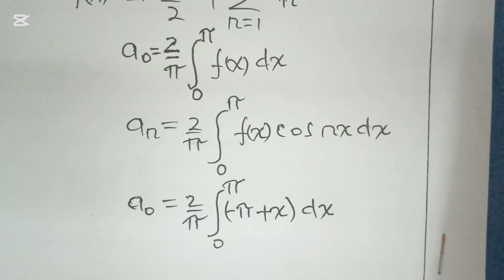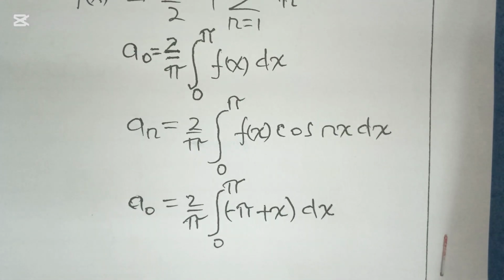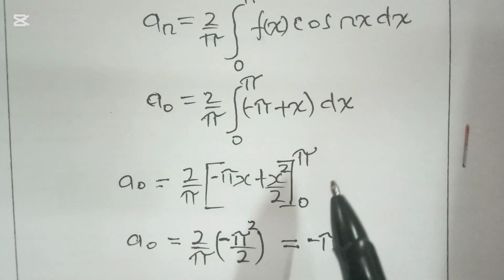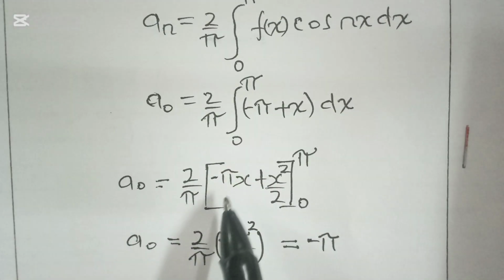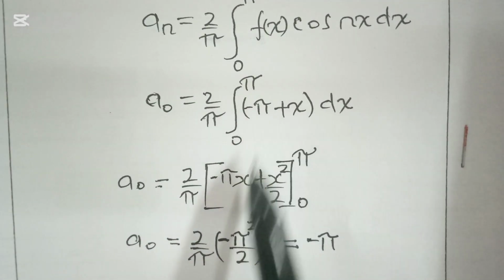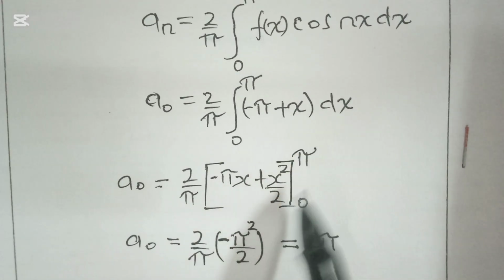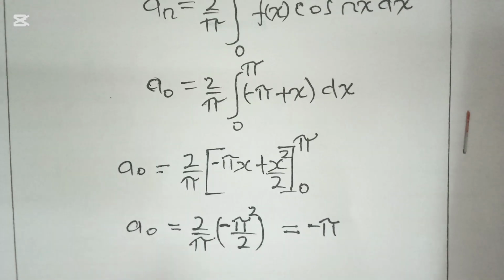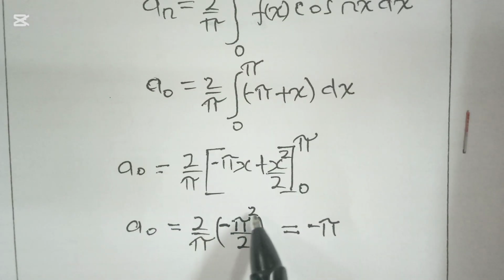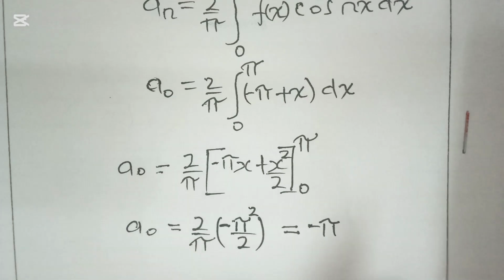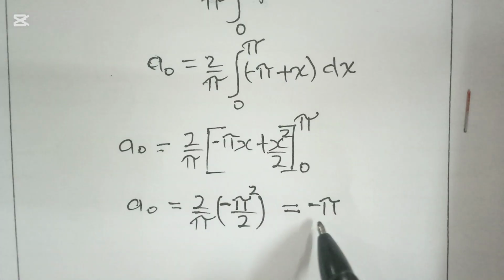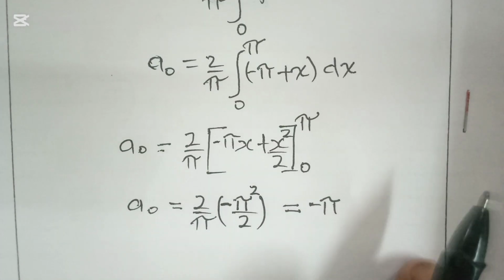So coming to that, guys, I have already done that for you, whereby I have integrated that, whereby this will be pi x plus x squared all over 2, and the limits are 0 to pi. So when I put the limit, guys, I'm going to find this, and then you multiply by 2 all over pi, and then you get your a0 as negative pi.